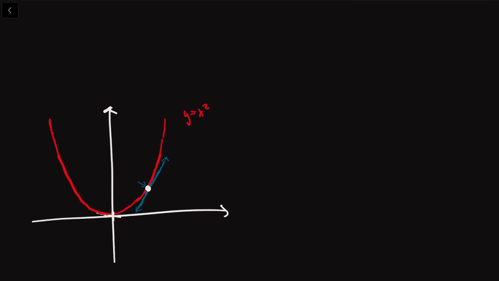And the slope of a tangent line is the derivative. So let's boil that down. This slope, m, of this tangent line, m sub tan, equals the derivative of whatever point that is.